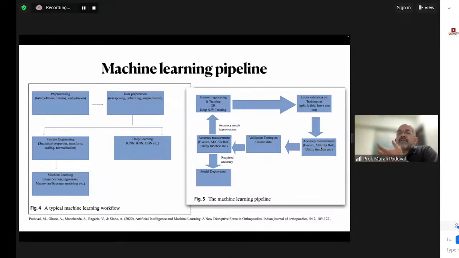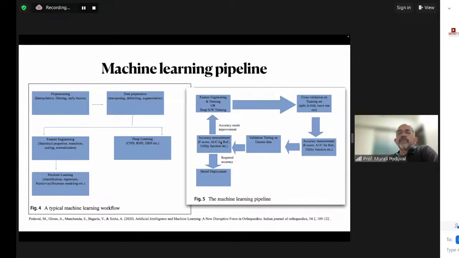Once the accuracy is satisfactory, you don't want to make any changes, then you put it on unseen data. This is data which is completely out of your test and training and validation set. And finally, the accuracy is measured. Did somebody say something? No, okay.